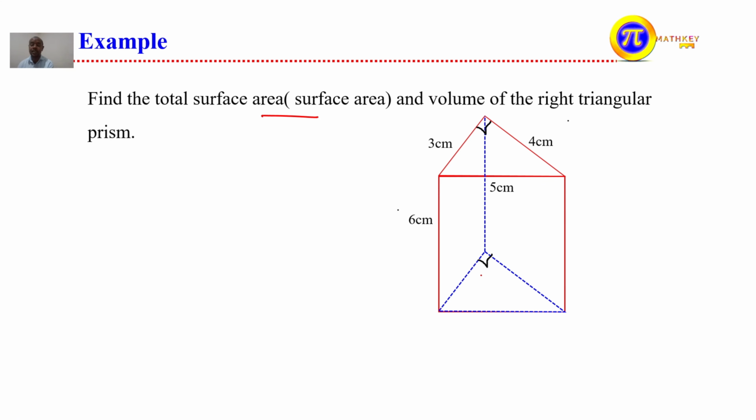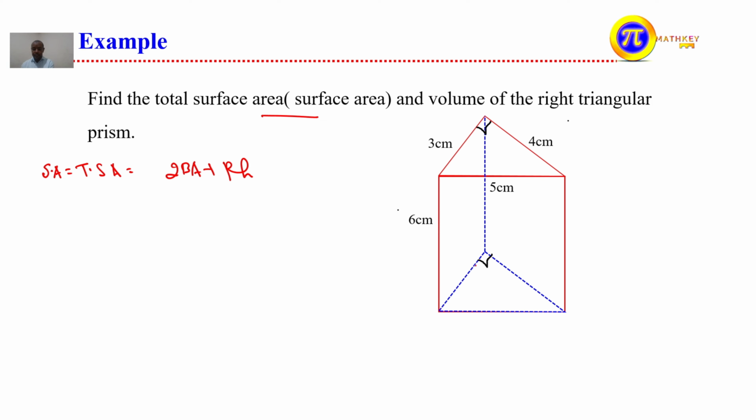We call that a right triangular prism. If that's so, to find the total surface area, this is equivalent to twice its base area plus the lateral surface area, that means perimeter times h.